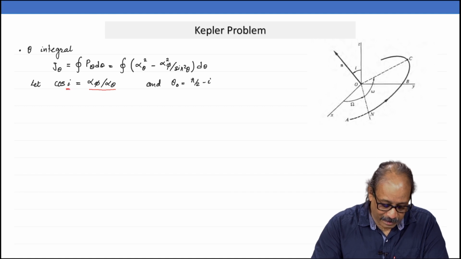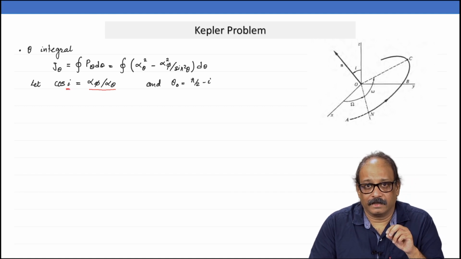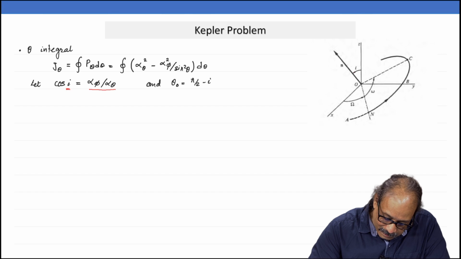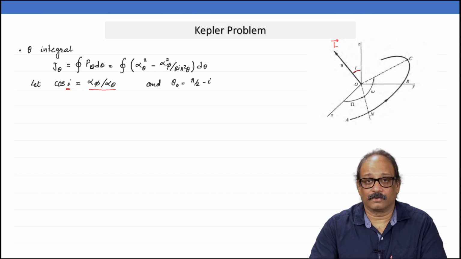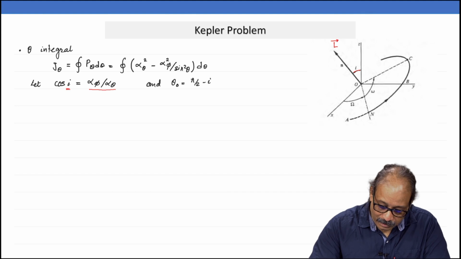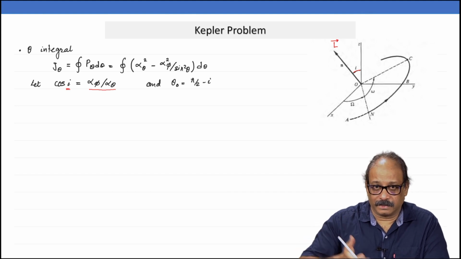So, the cos I angle, or I angle, is the angle between the z axis and the total angular momentum. So, that is in fact this axis here. Remember, we have taken the L vector, the total angular momentum vector, along n cap there. Okay. So, what would be the tilt of the plane?